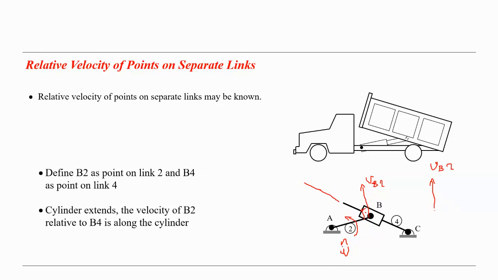Then we can calculate VB2. As we know from our last lessons, V2 is equal to AB times omega. That means we know the magnitude and we know the directions. Everything is known regarding VB2.